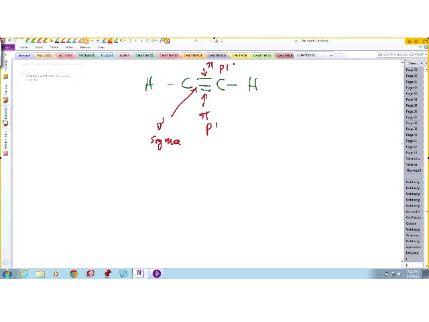Pi and pi, and one is a sigma bond. And of course, the carbon-hydrogen bond is also a sigma bond, using the Greek symbol sigma.